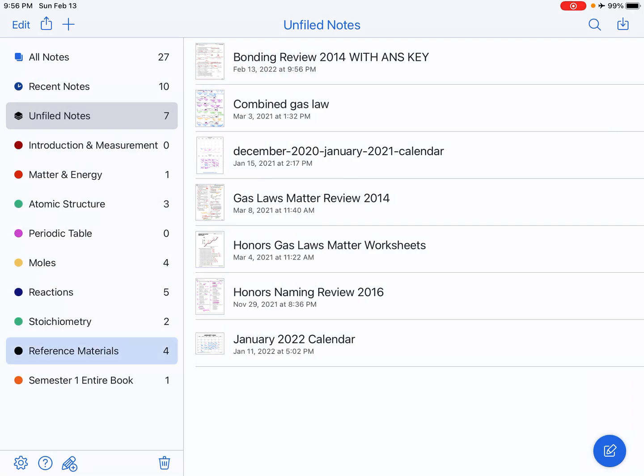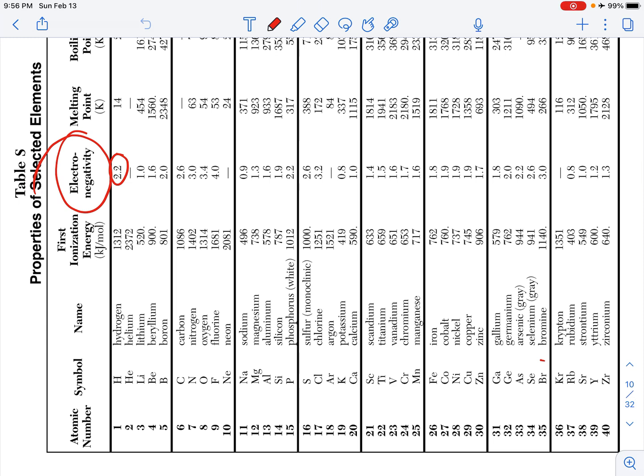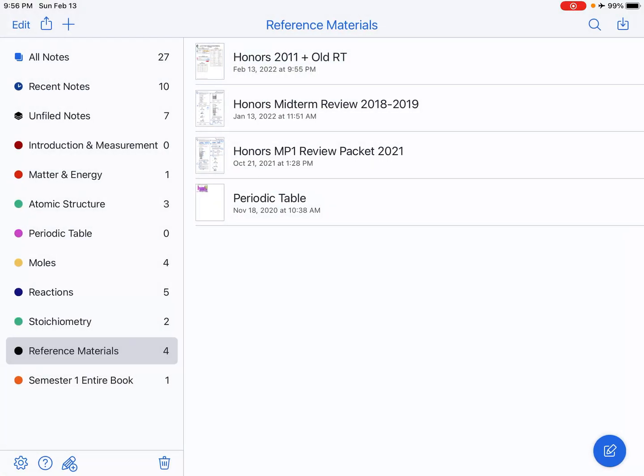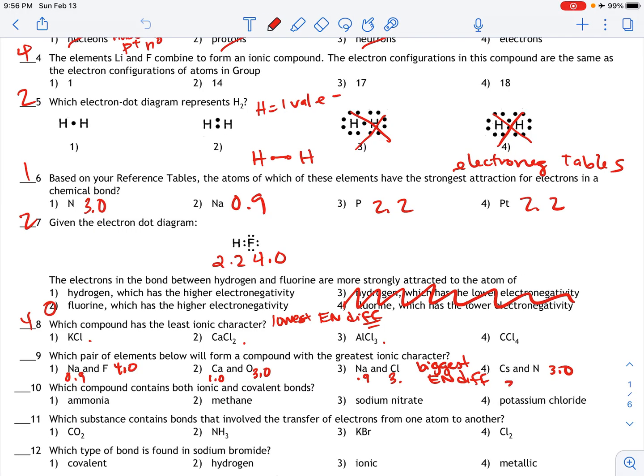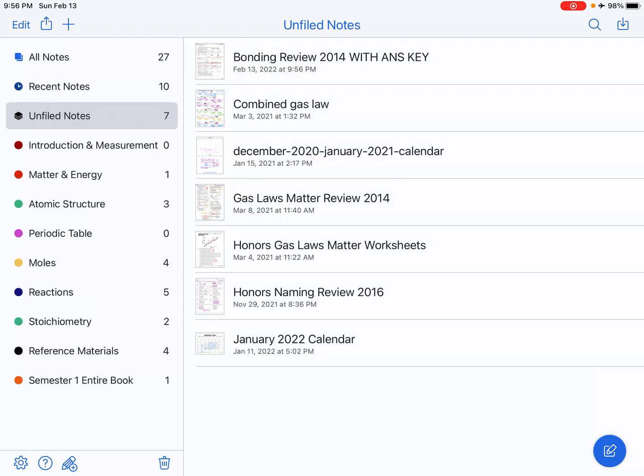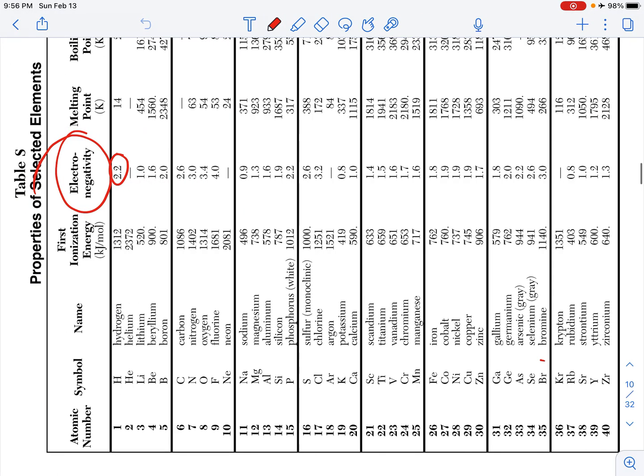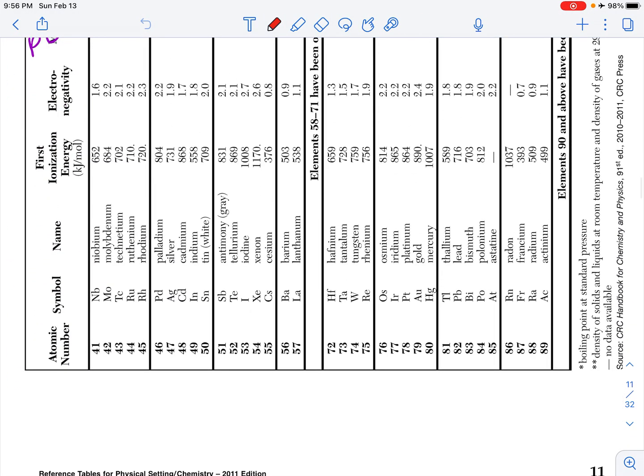Sorry, you're catching me without my stuff here. Chlorine is 3.2. Cesium, that's going to be way down on the periodic table. Cesium is 0.8.